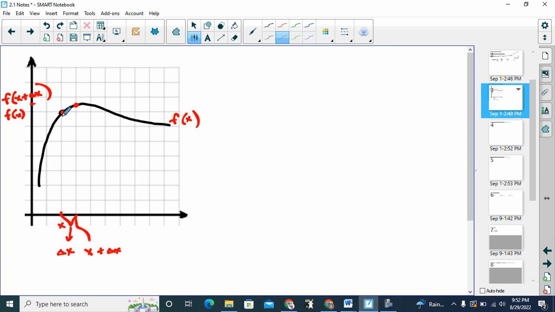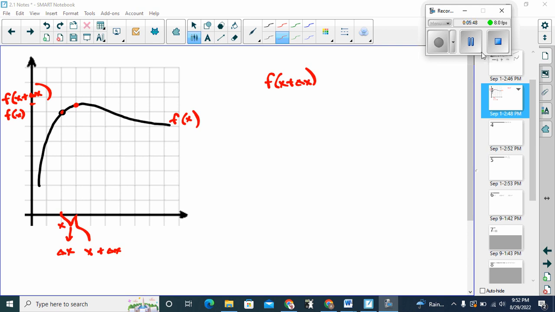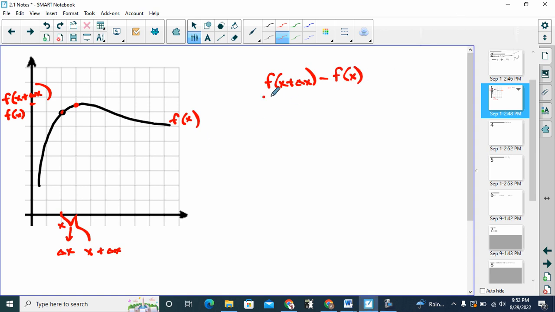So to find the slope in between these 2 points, we are going to do y2 minus y1. So the y value of this point minus the y value of that point. f of x plus delta x minus the y value of the other point, so minus f of x, divided by x2, so the x value of this point, minus the x value of this point.